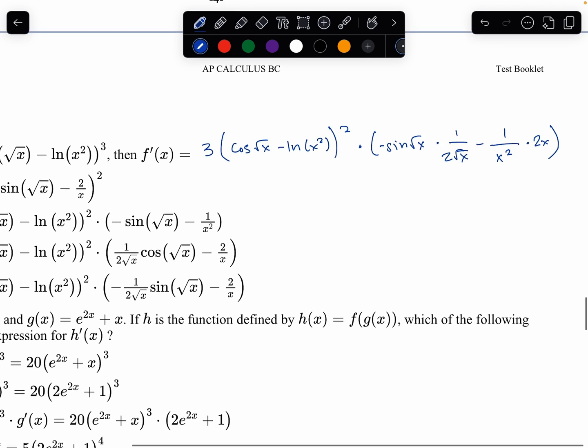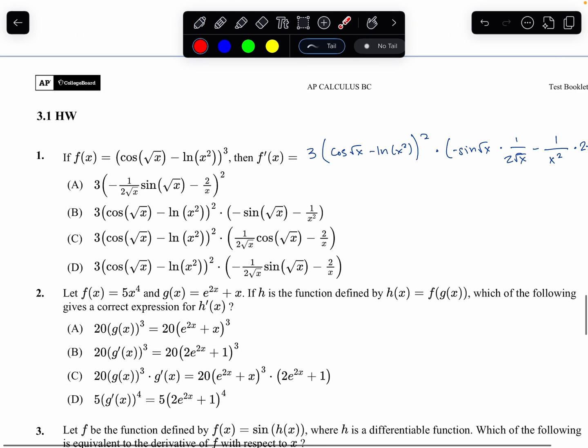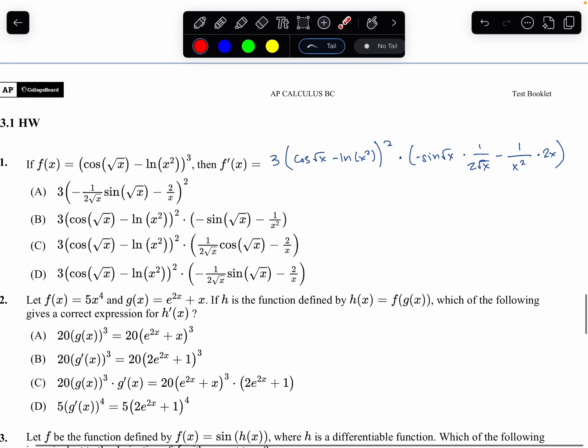As far as what they do to simplify, I can see that A is not going to be correct. So we got 3. All of these have that part right here. Now we have negative sine of the square root of x.